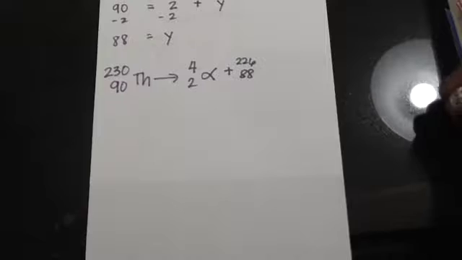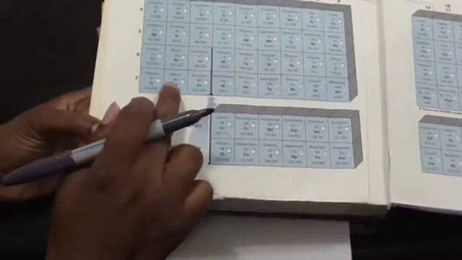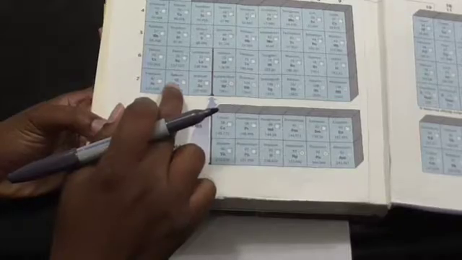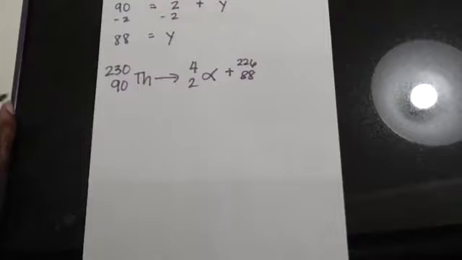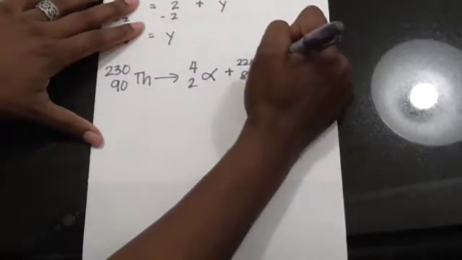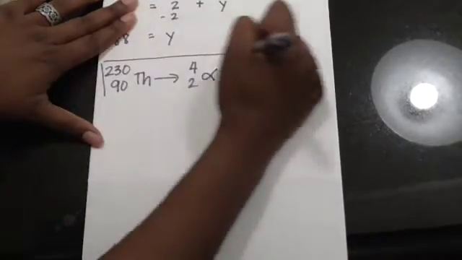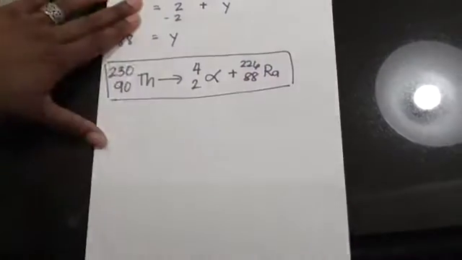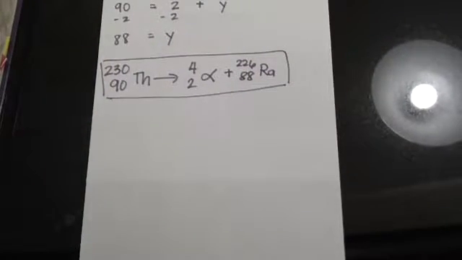And in order to figure out what element that is, I have to go to the periodic table. I'm just going to look for the element that has 88 as an atomic number. And if I look carefully, I can find that right there. So radium has an atomic number of 88. Remember, the proton number, the number on the bottom, always defines the atom. So I'm going to put Ra, put a box around it, and I'm done. I've just written an equation for the alpha emission of thorium-230.